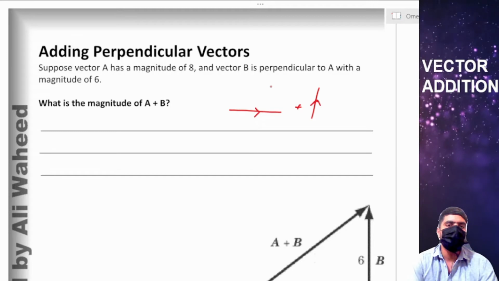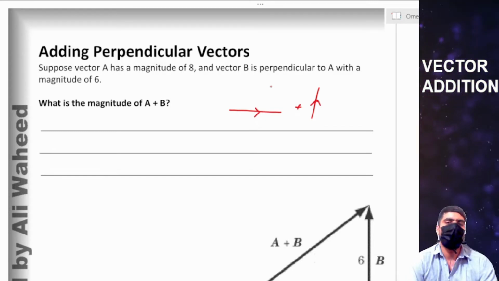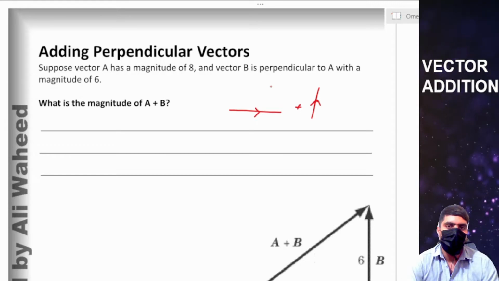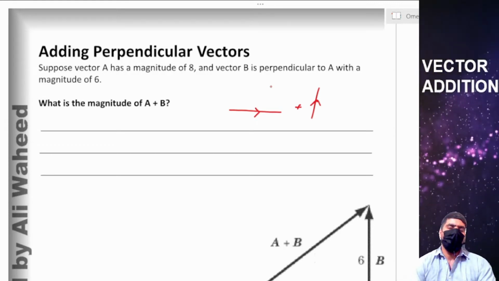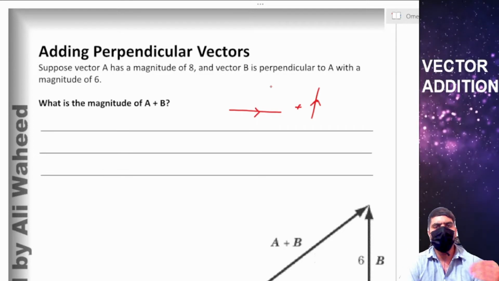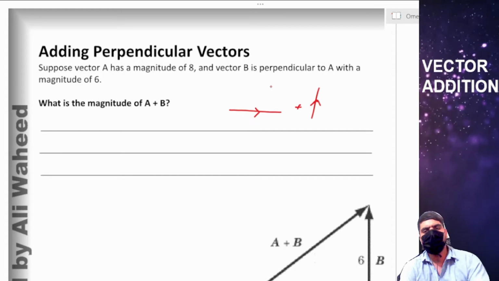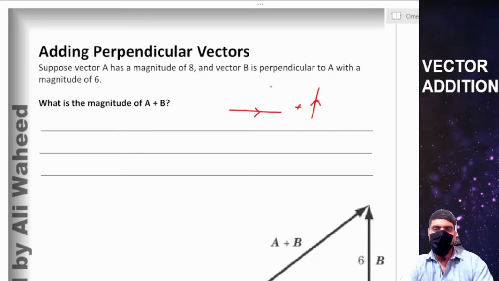The answer is, there are two methods which you can apply to find the resultant vector. One is a general method that can be used to solve any kind of vector addition question, whether they are parallel, perpendicular, or at any angle. That method can be used to answer any kind of question.